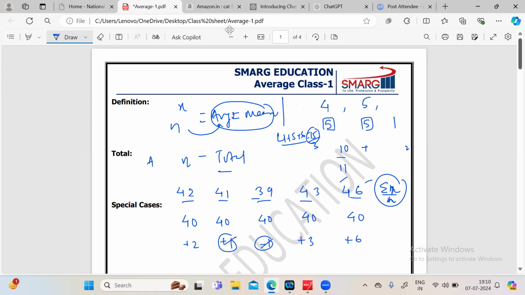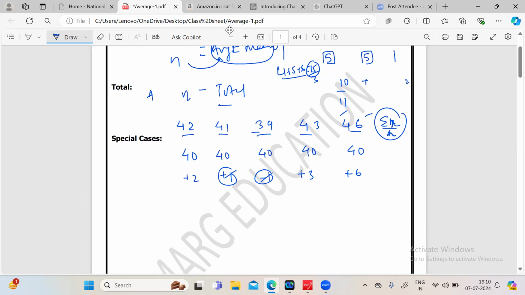And the final average will be 40 plus the extra part which we are getting as 2 plus 3 plus 6. This extra part will be divided into 5 observations. So it will be 11 by 5. That means 2.2.